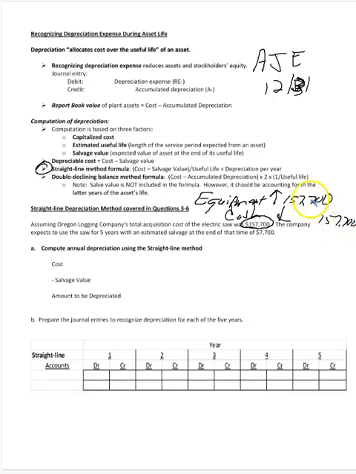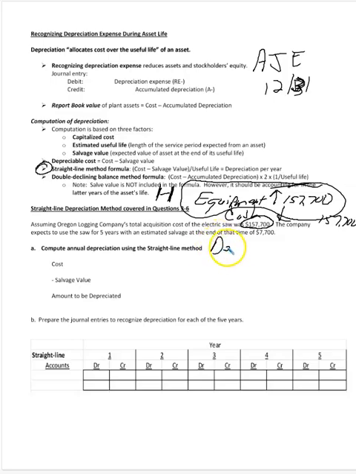So we had a bunch of debits to equipment and a credit to cash, $157,700. Okay, so now we have this in the equipment account. And that would have happened on January 1. So January 1 was this journal entry.